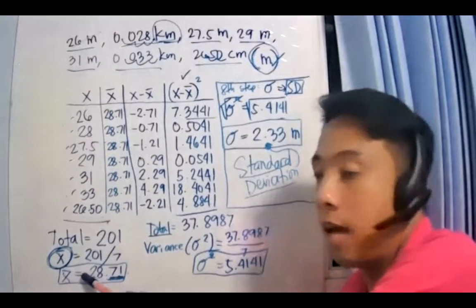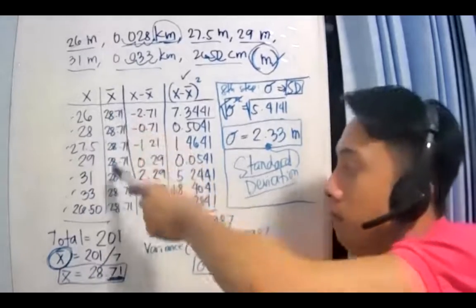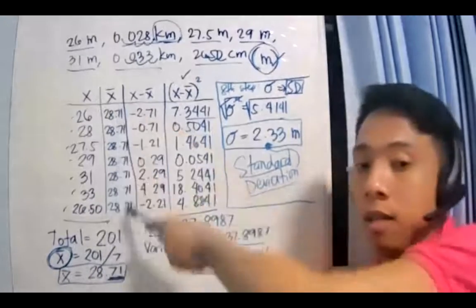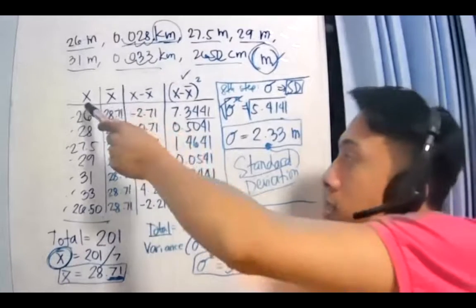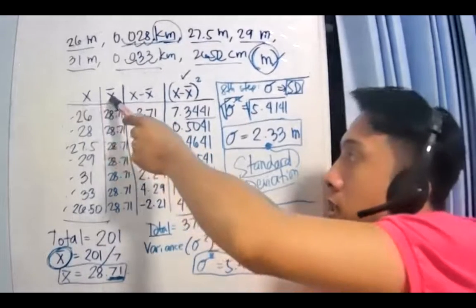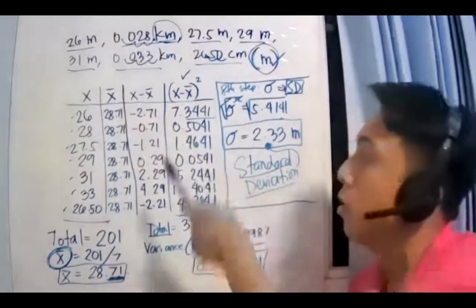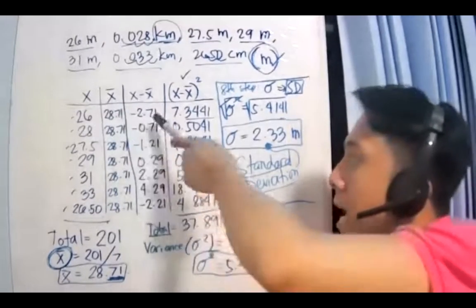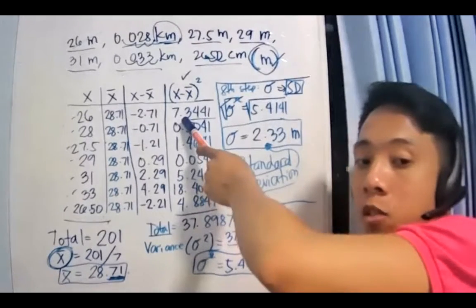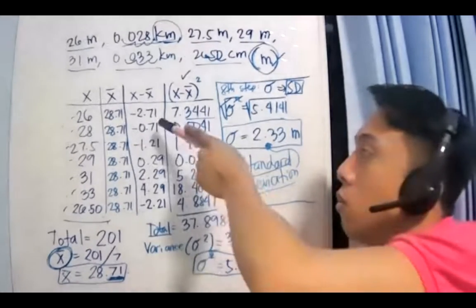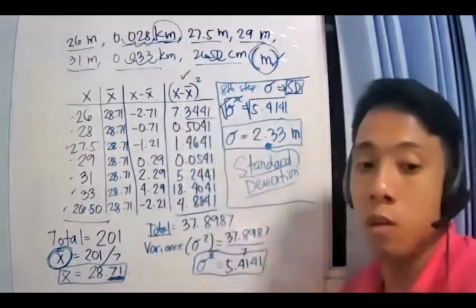Yung mga mean natin, ilalagay natin dito. Just copy. Then, minus. We will minus this x to this x bar. Okay? So nag-minus na tayo dyan. And then the answer here, we will just square them. Square lang natin sila. So 2.71 times 2.71.